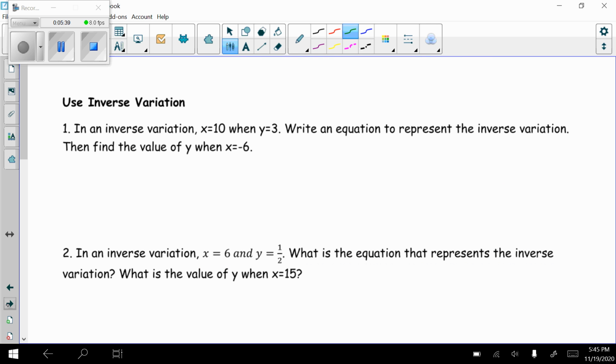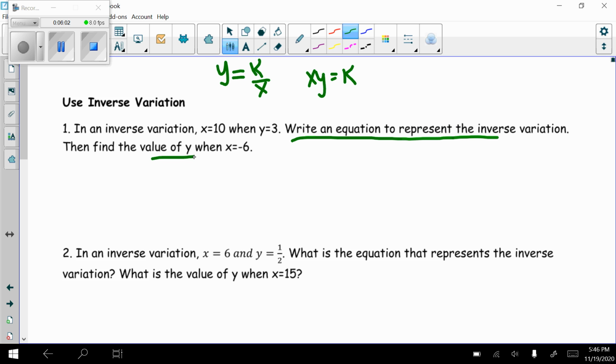So using inverse variation, again, let's remind ourselves what those equations are. y equals k divided by x, and x times y equals k. In an inverse variation, x equals 10 when y equals 3. Write an equation to represent the inverse variation.